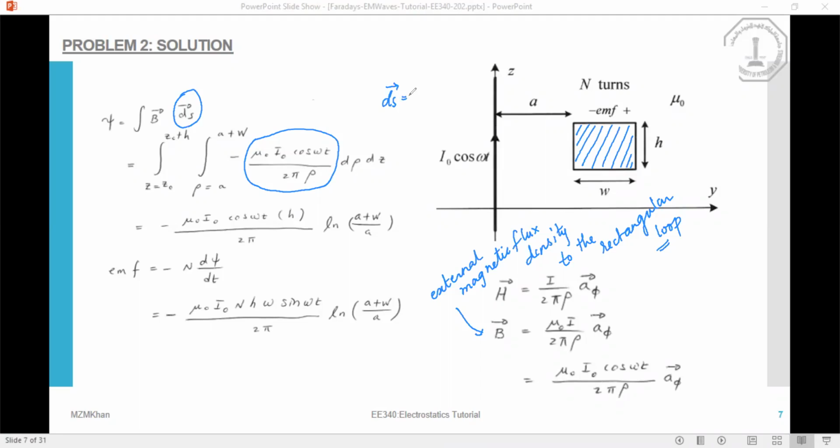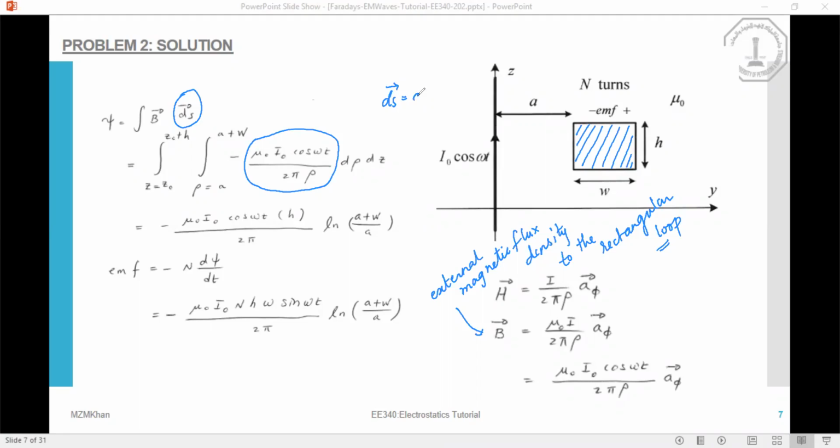So what will be ds bar here? Again, put your fingers and try to move from minus to plus. Here my thumb is coming out of the screen, so the direction is minus A phi.